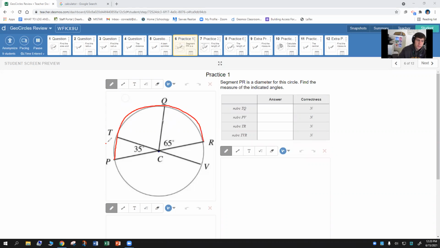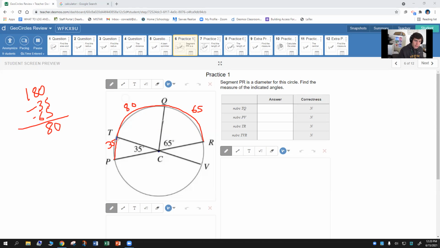The measure of arc TP is 35, and arc QR is 65, equal to the measure of the central angle. The whole red arc has to add up to 180, so 180 minus 35 minus 65 is 180 minus 100, which is 80. So the measure of arc TQ is 80.